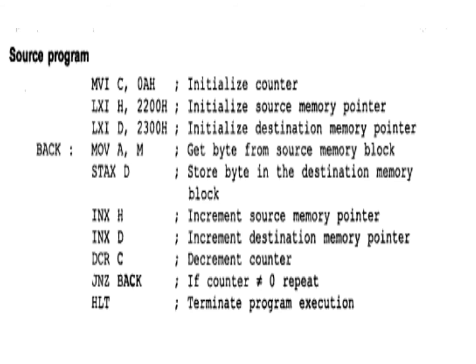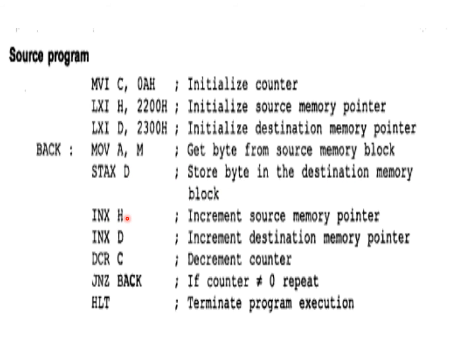Okay, then this is the program. The counter would be 0AH, but I have taken 05 because I am just transferring 5 memory locations. LXI H is the source, then the destination, then MOV A, M, so memory is copied, and STAX D stores the byte in the destination memory block.